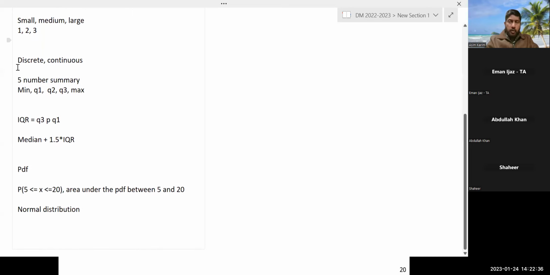If you have a distribution, you can also find or visualize skew. Skew is a technical terminology which quantifies the amount of non-symmetry of your distribution. For example, maybe your distribution is skewed towards the right. You can say the distribution is skewed to the right, maybe skewed to the left. It might be symmetric, in which case there's no skew. So you can get an idea of the skew from the distribution, from the histogram, from the PDF, and so on.